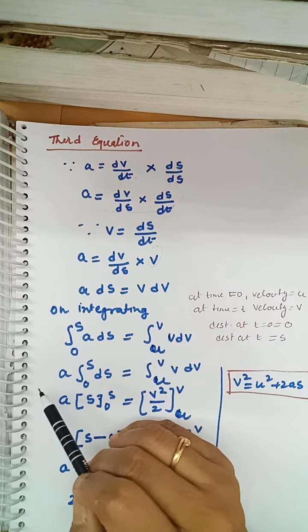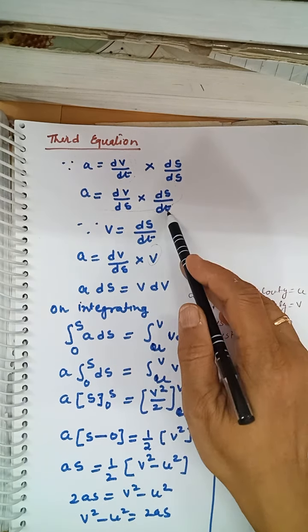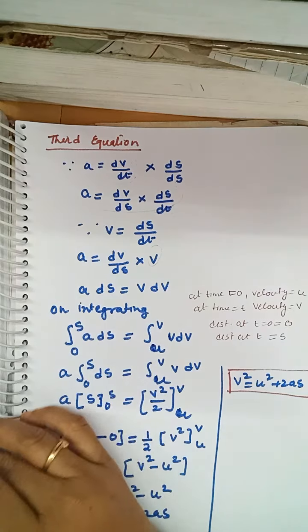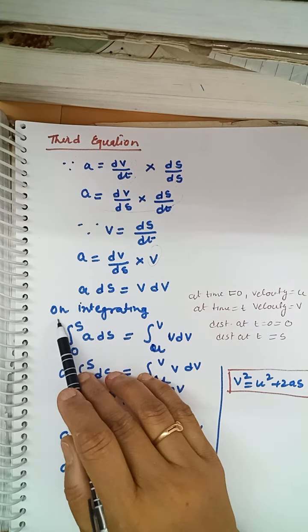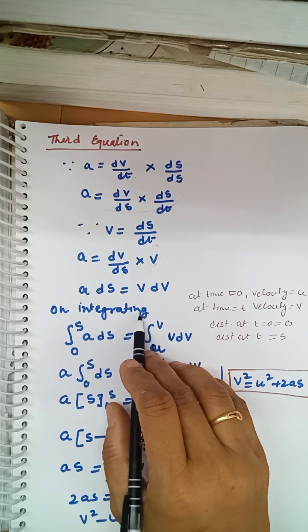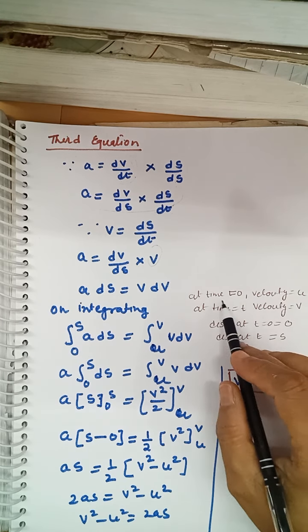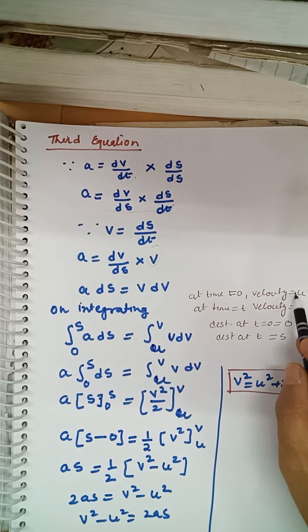Now a is constant, and you have to find the total velocity change and the total displacement from 0 to t. When you calculate the total value, you have to take the integration. Here at time t is equal to 0, the velocity is u, and at time t the velocity is v.